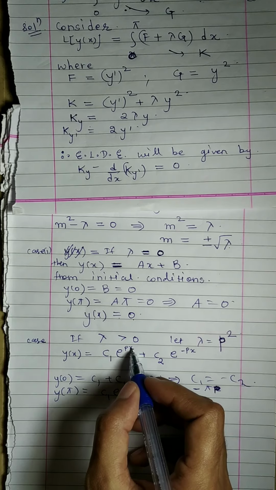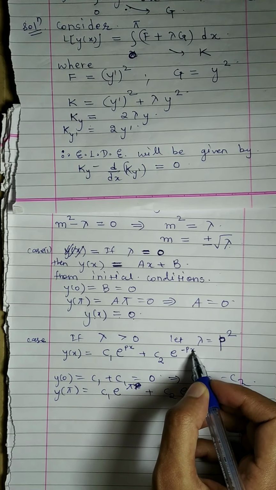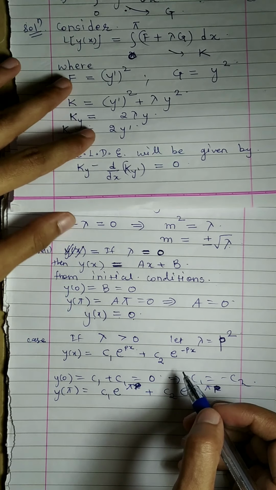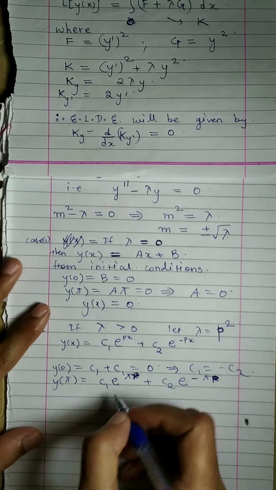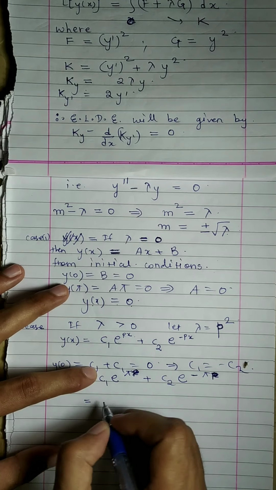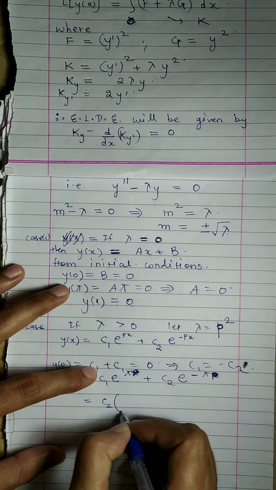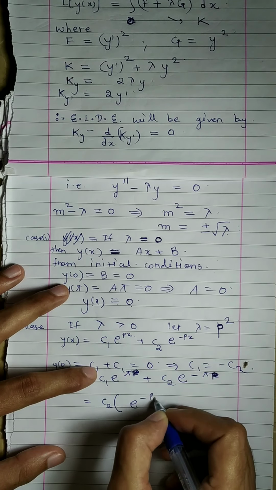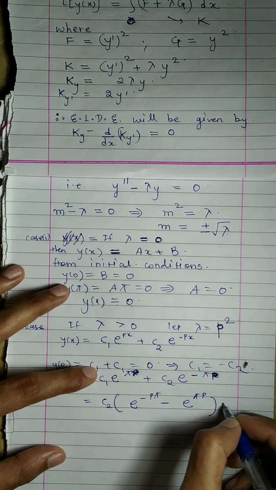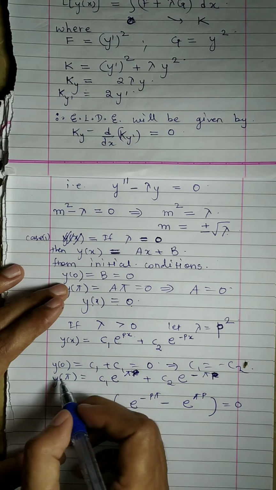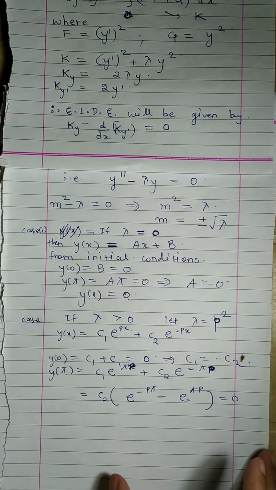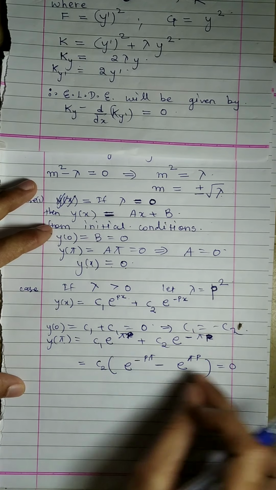In place of x we are putting pi, and we are getting c1 e raised to p pi plus c2 e raised to minus p pi. So by using this we will get c2 times (e raised to minus p pi minus e raised to p pi). This is equal to 0 because y of pi is given to be equal to 0.